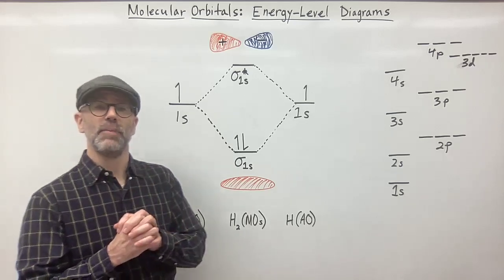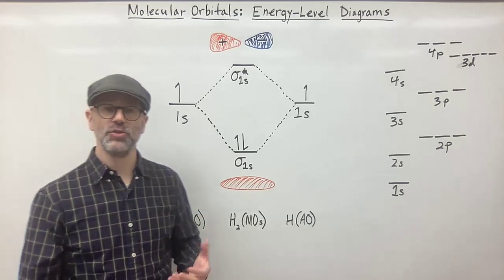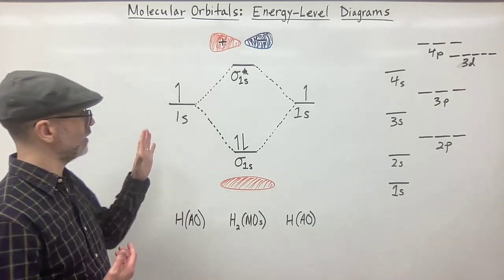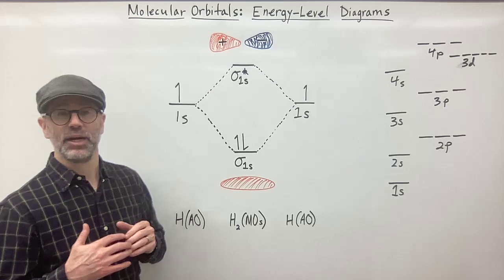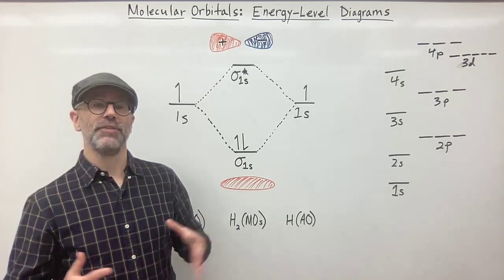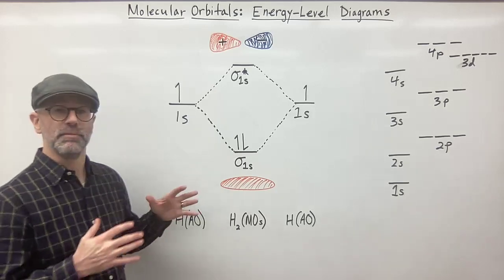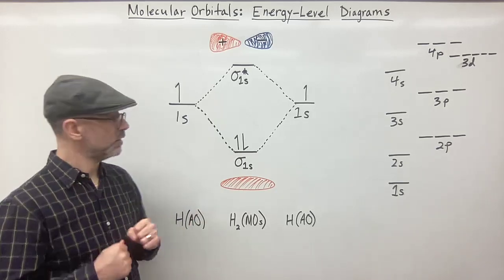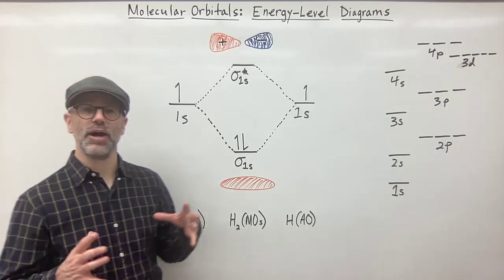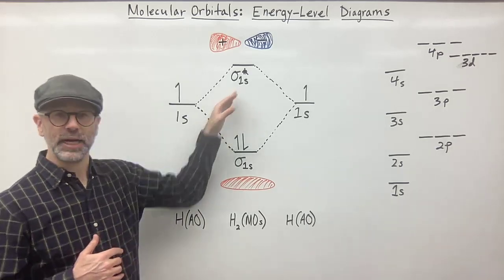Again, we're treating the orbitals as wave functions, the electrons as waves. So when they interact with each other, they can interact either constructively or destructively. If they interact constructively, you get a bonding molecular orbital. If they interact destructively, you get an anti-bonding orbital.